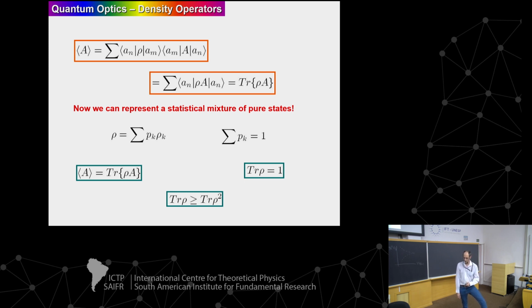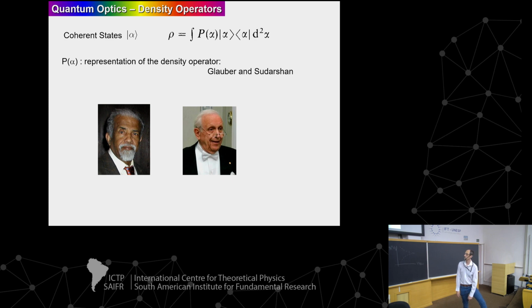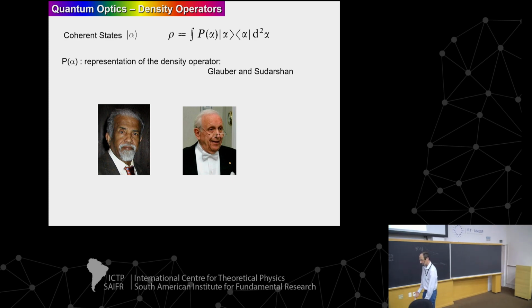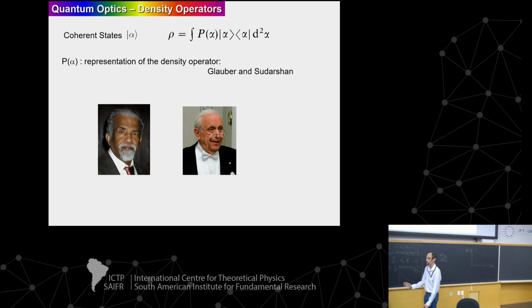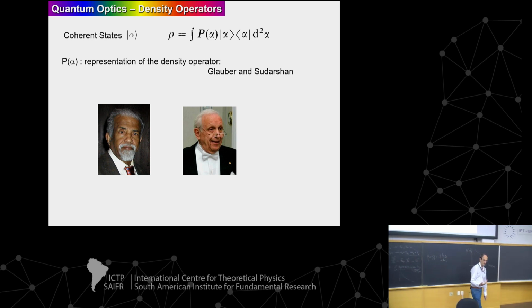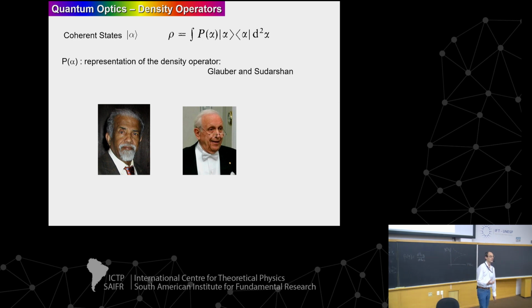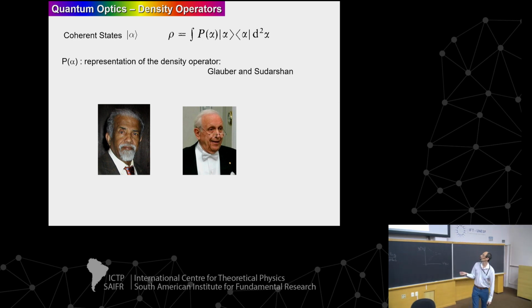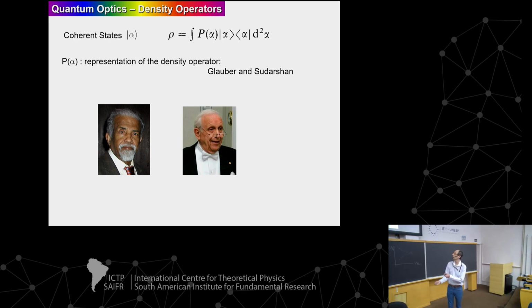Okay, that's nice. We have the number representation, as we have seen. But number representation goes into a discrete spectrum. What if we try to go for a representation involving states like a coherent state?